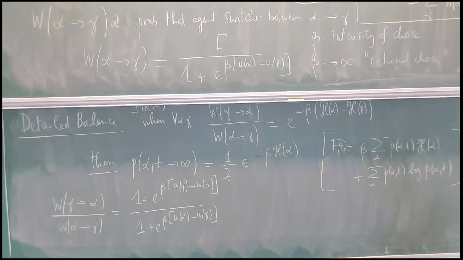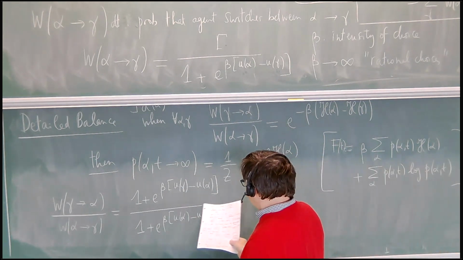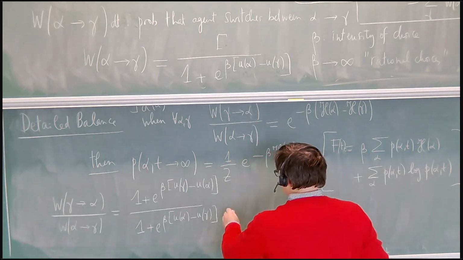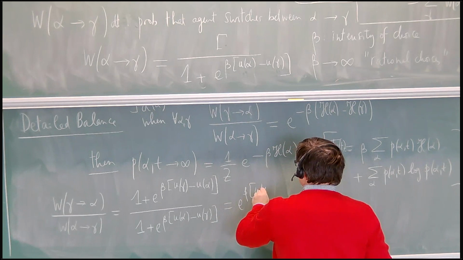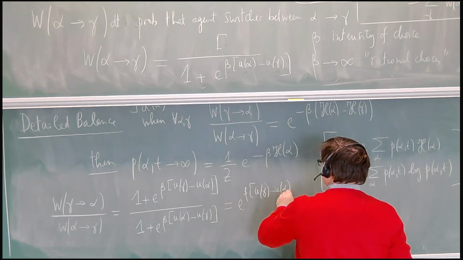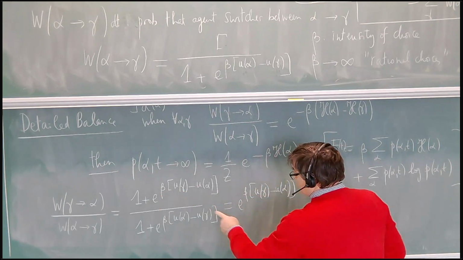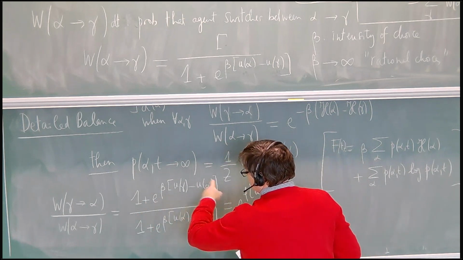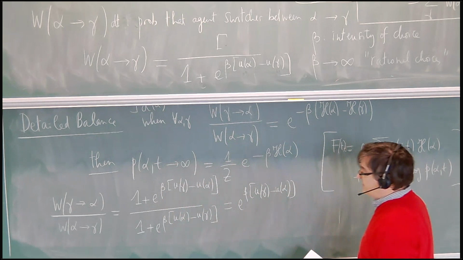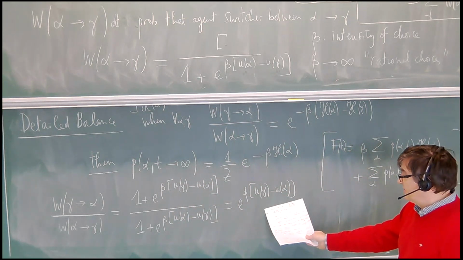Okay. And so the ratio of this, what I can do is to factorize this thing here. So it's exponential of beta (u gamma minus u alpha) times 1, which comes from here, plus this one here, which will get the inverse of this factor, because I factored it out.